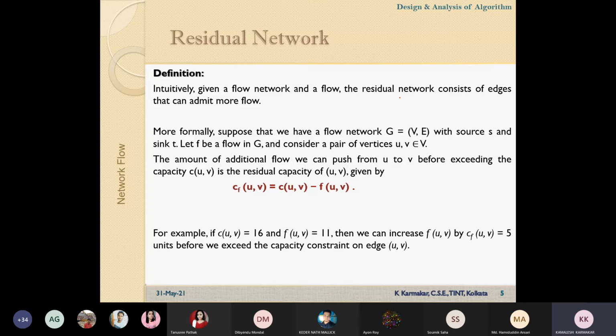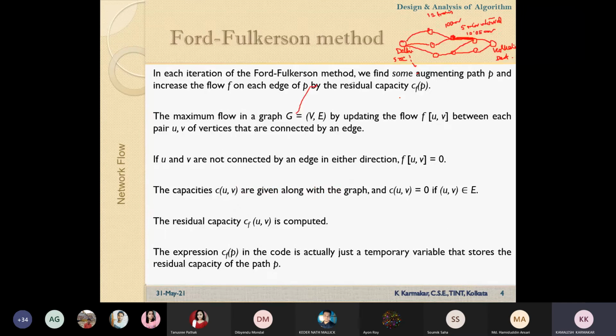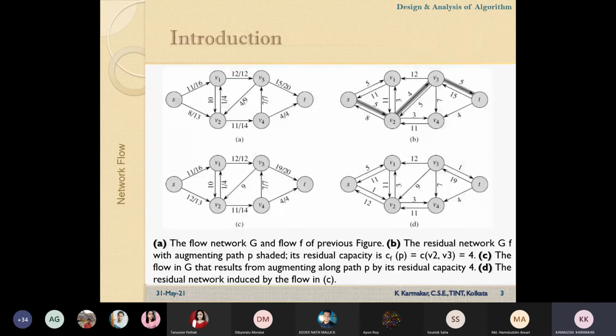if the graph is given, and from that graph we find a path, through this path, which we have taken at the very beginning, what can be the flow of this path?